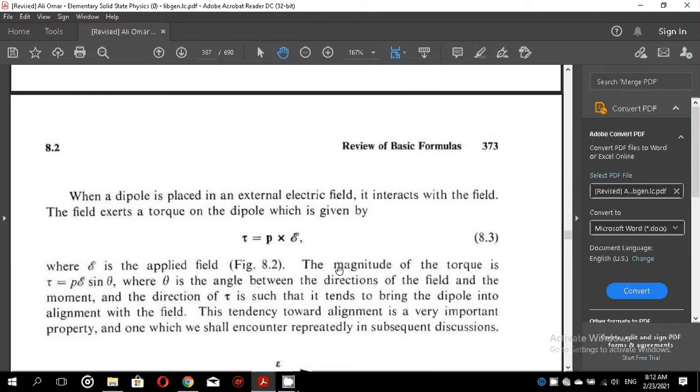The magnitude of this torque is pE sine theta, where theta is the angle between the directions of the field and the moment, and the direction of tau is such that it tends to bring the dipole into alignment with the field.